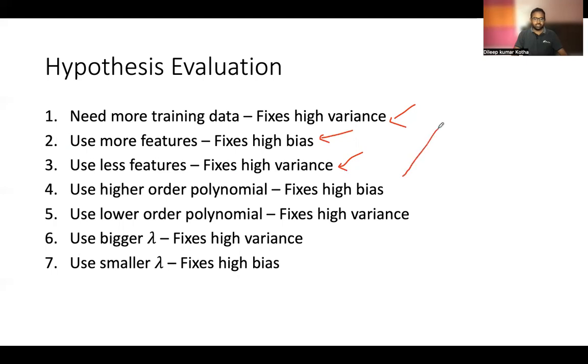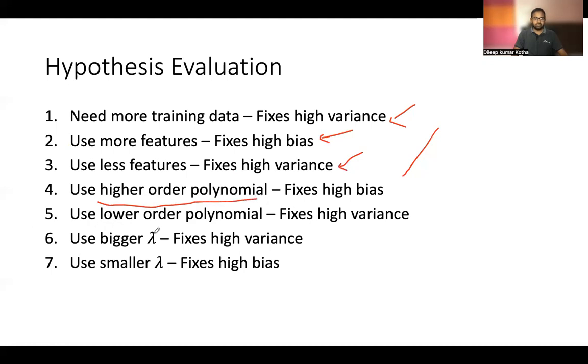A straight line hypothesis may fit some set of data, but if you take more data, the straight line may not fit very well. In that case, if you go for a higher order polynomial like a quadratic or cubic, then you will get a different type of curve that fits your data well, and that will remove the bias. So going for a higher order polynomial will fix the high bias problem.